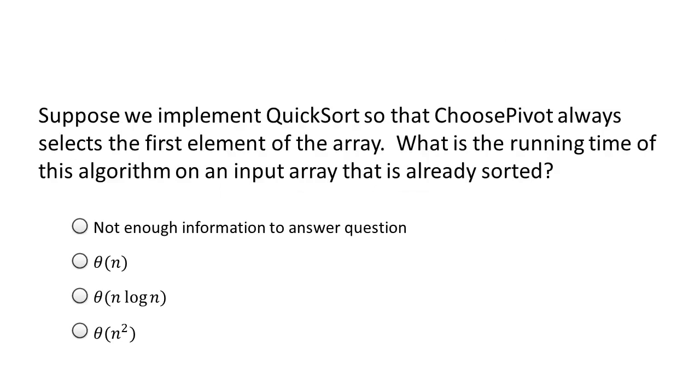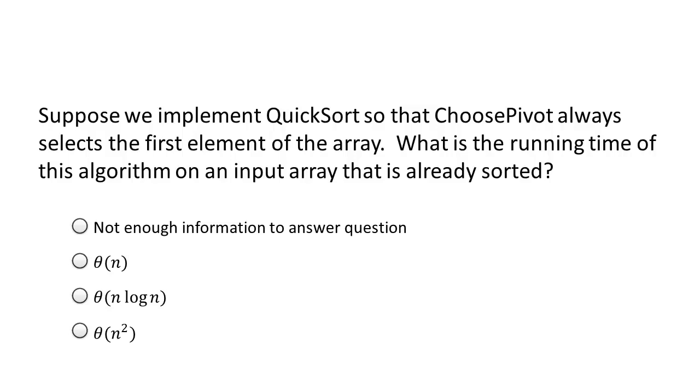This first quiz question is meant to explore a sort of worst-case execution of the quicksort algorithm. What happens when you choose pivots that are very poorly suited for the particular input array? Let me be more specific. Suppose we use the most naive choose pivot implementation, like we were discussing in the partition video. Remember, here we just pluck out the first element of the array and use that as the pivot.